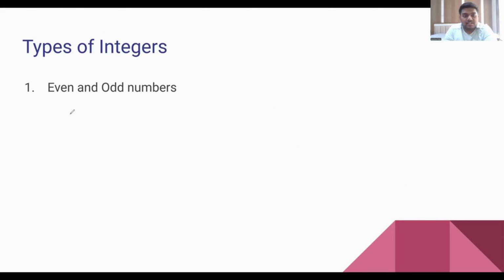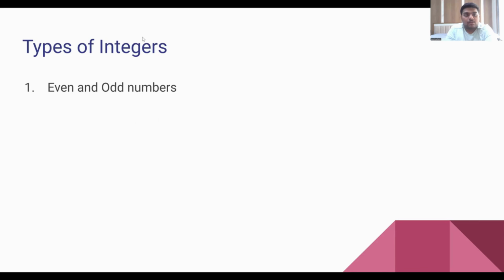So even numbers are of the form 2k, and odd numbers are of the form 2k plus 1, where k belongs to Z, the set of integers. Every even number ends with a 0, 2, 4, 6, 8, and every odd number ends with 1, 3, 5, 7, and 9. So this is about even and odd numbers.